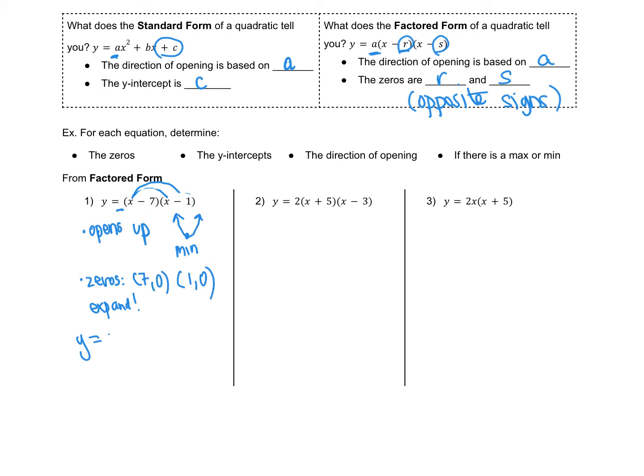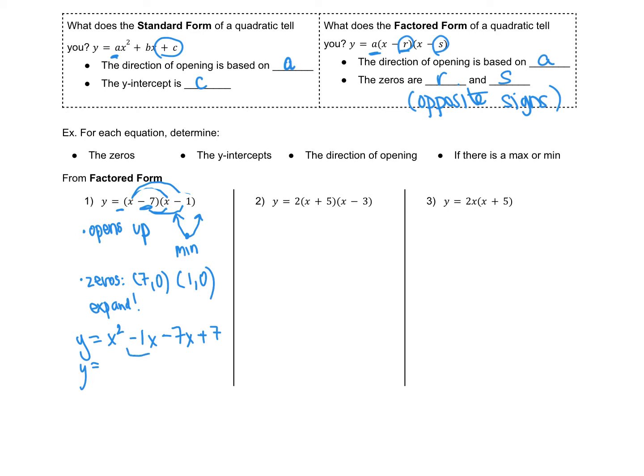So x times x is x squared, and then x times the negative 1 is negative 1x. Then I'm going to take negative 7 and multiply it in. So negative 7 times x and negative 7 times negative 1. Be very careful with your signs. If you mess those up, then it takes away from the right answer.